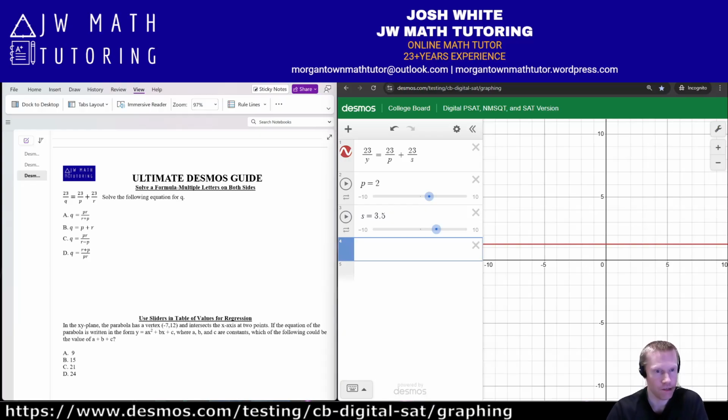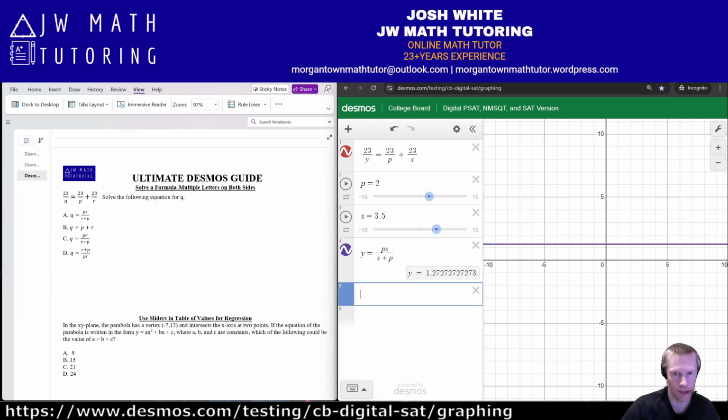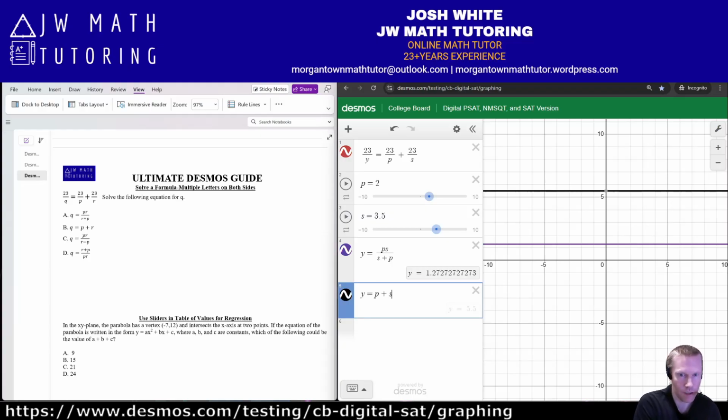So now I'm going to type out the other answer choices, and remember Q is being replaced with Y, so you don't have to type the left side, but if you want to, it's just going to be Y equals. So again, every R is being replaced with S. And now this is going to be P plus S.